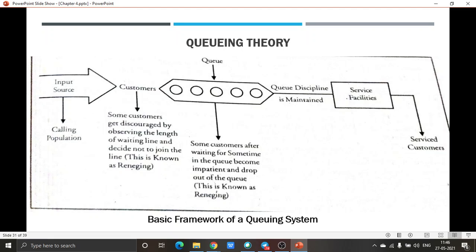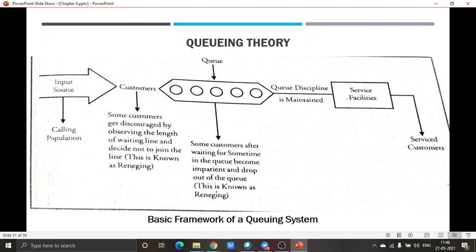Now, it goes without saying, even this is a mathematical study because we are definitely speaking of quantitative techniques. Queuing theory involves the mathematical study of queues or waiting lines. That is to say, a group of items waiting to receive service, including those receiving the service, is known as a queue.